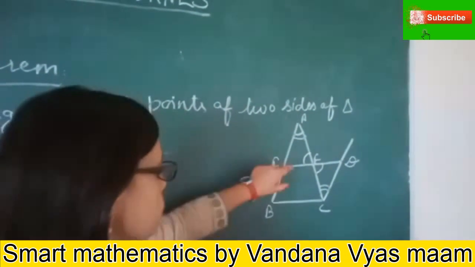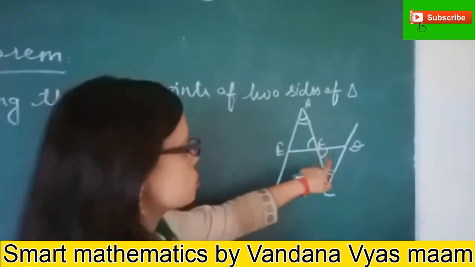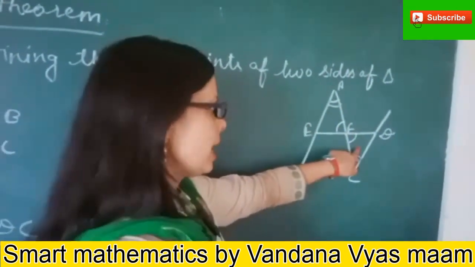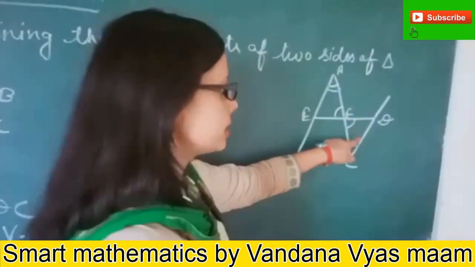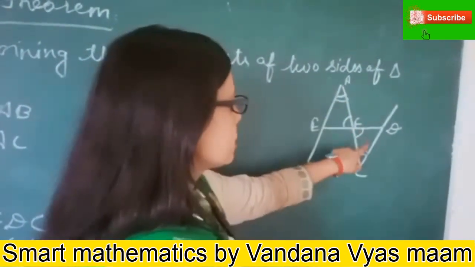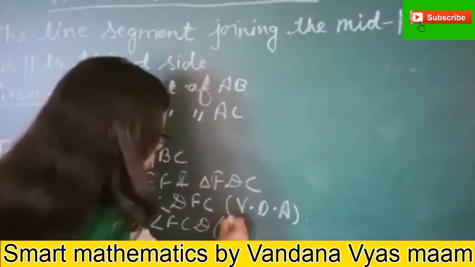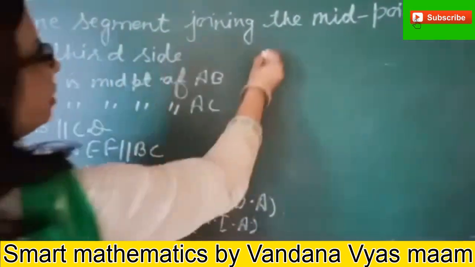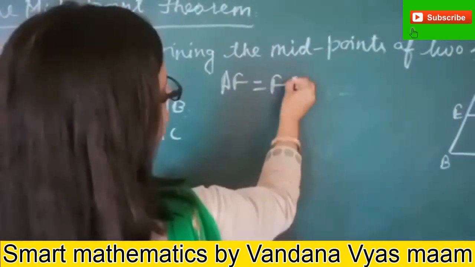Because we know AB is parallel to CD and these 2 are the alternate interior angles. AC is transversal and these two are the alternate interior angles. So this angle is equal to this angle.